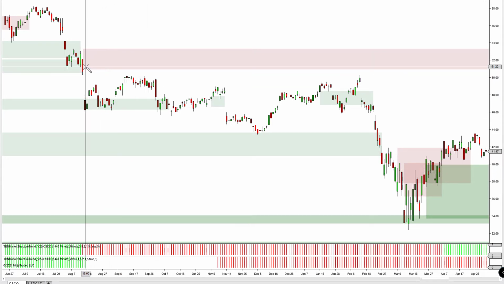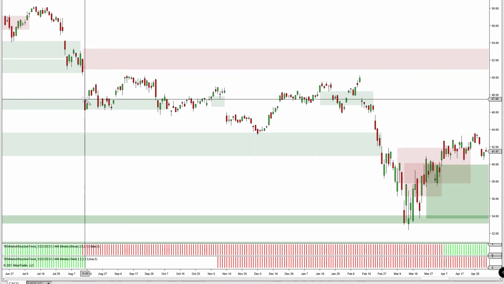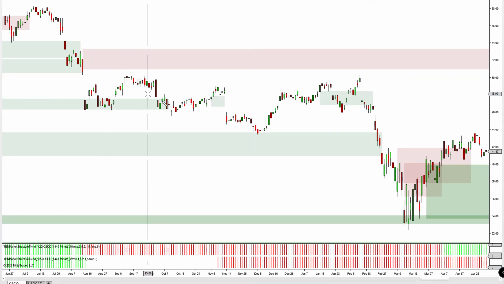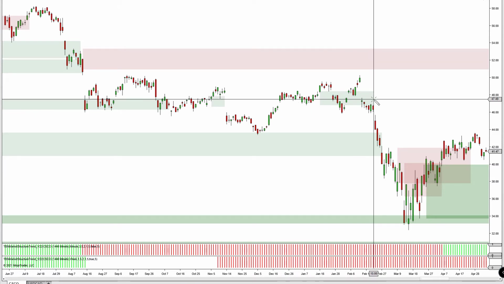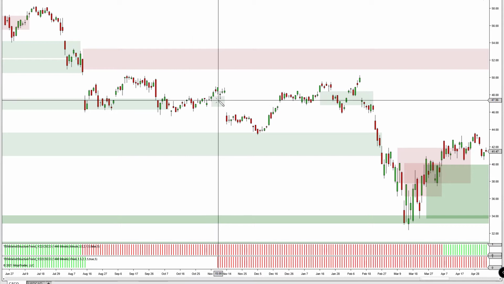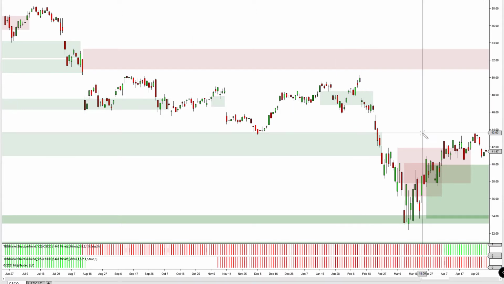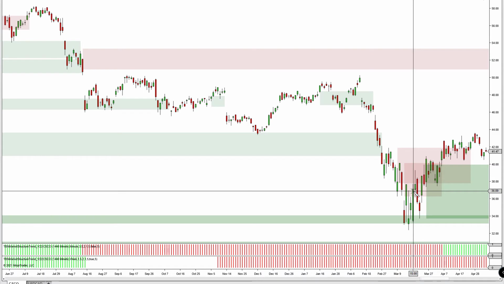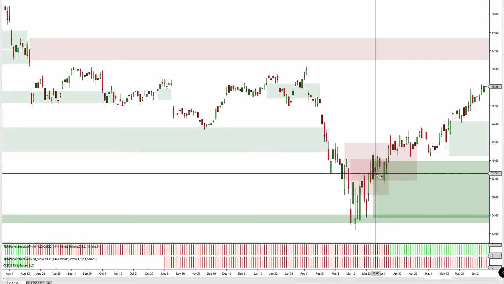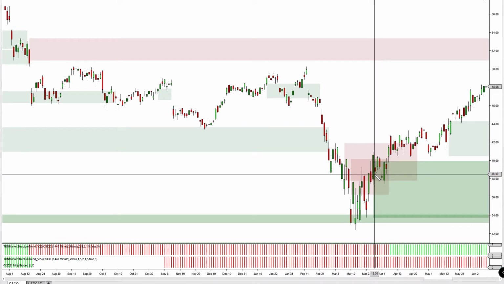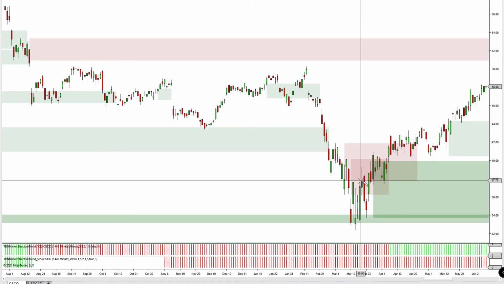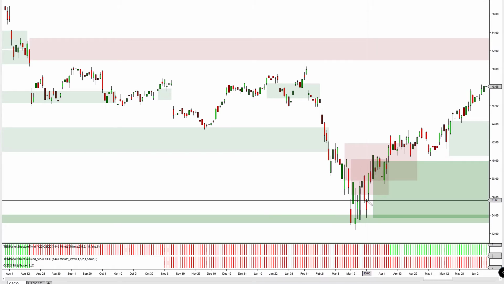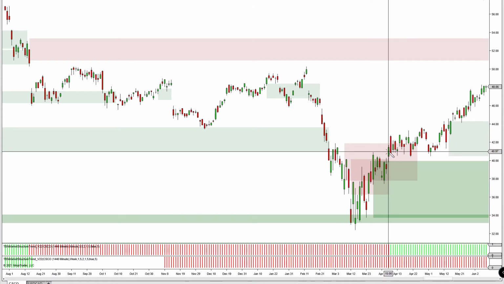Honestly, after this zone had printed, you can see taking any longs was very challenging, right? So it would have kept you out of anything in this zone, anything in this zone, and it actually ends up working out in an ideal way because you have sell zones that print down here, and then they're taken out right here.